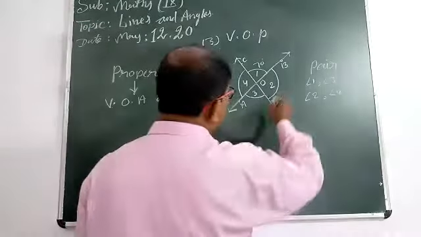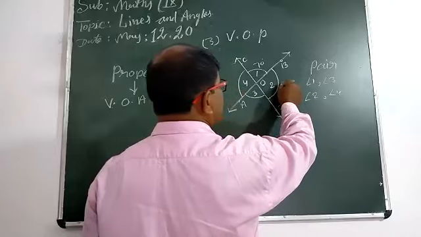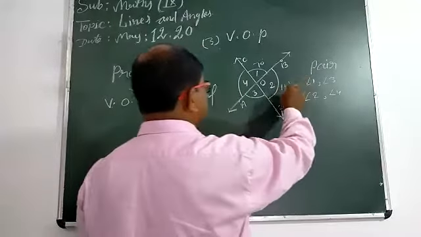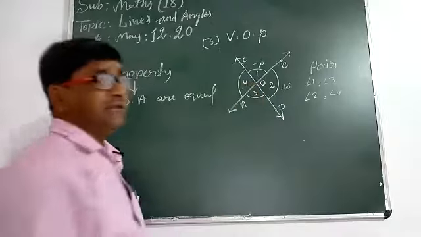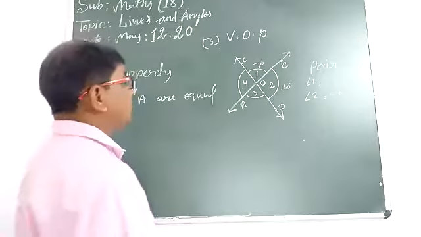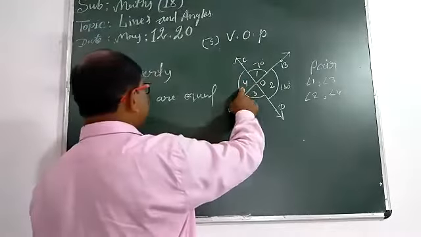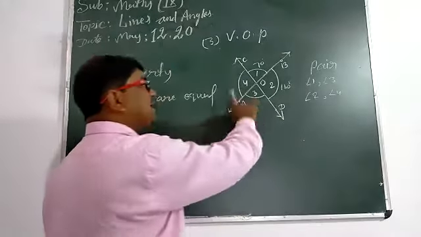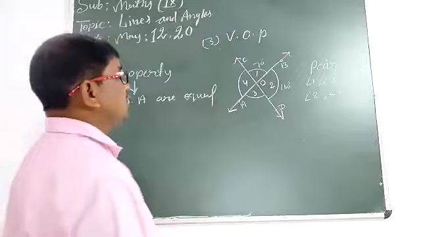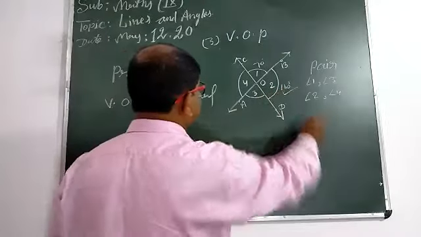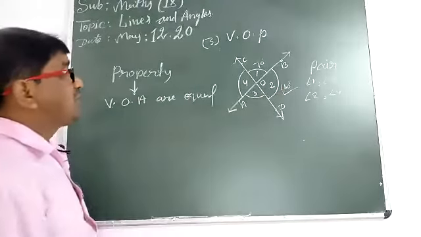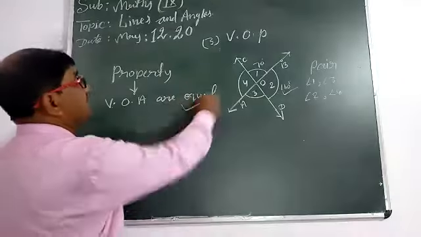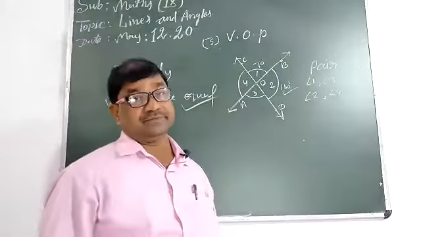If the measurement of angle 2 is 110 degrees, then the measurement of angle 4 will be 110 degrees, because angle 4 is vertically opposite of angle 2. That is the proof.